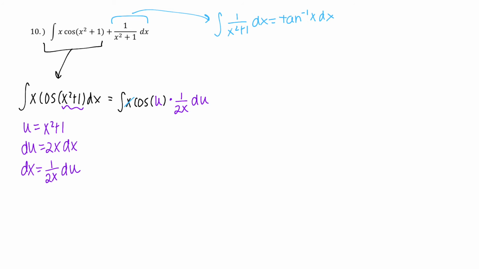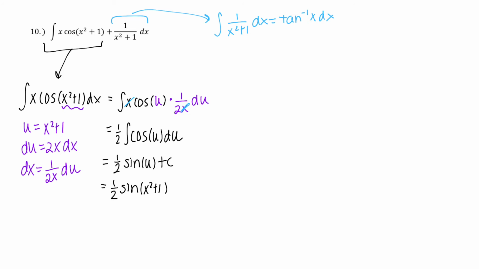So this x here and this x here will cancel. The 1/2 can be brought out front. Cosine integrates to positive sine, so this is 1/2 sine u plus c, and then replacing the u with x squared plus 1, we have 1/2 sine of x squared plus 1 plus c.